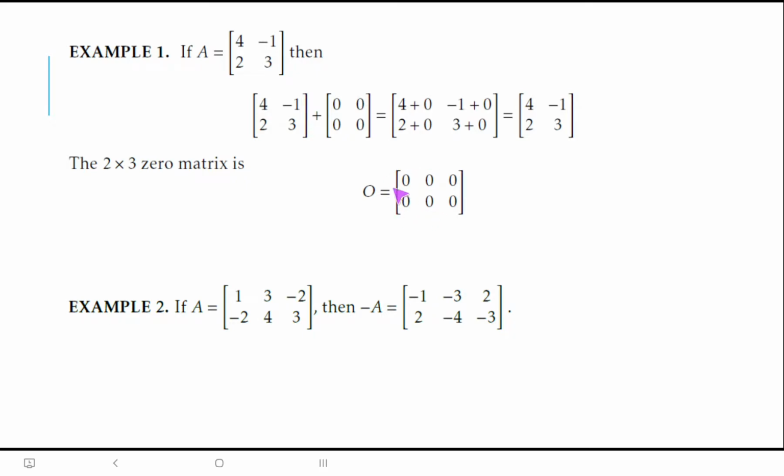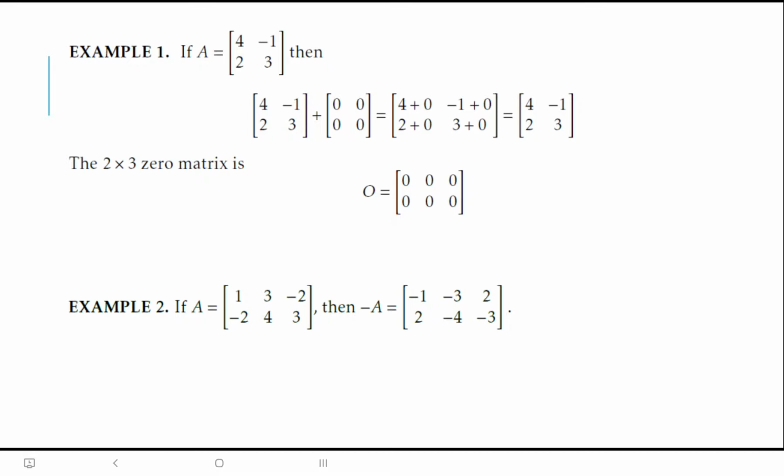Okay, understood naman na usually pag 2 by 2 to tapos in-indicate dito 0 lang, it usually means the 2 by 2 0 matrix, kasi hindi naman natin pwedeng i-add yung 0 matrix kung iba yung size niya dun sa pag-aadan natin. Hindi mag-exist yung sum. So kailangan ka-size niya pa rin yung pag-aadan niya.